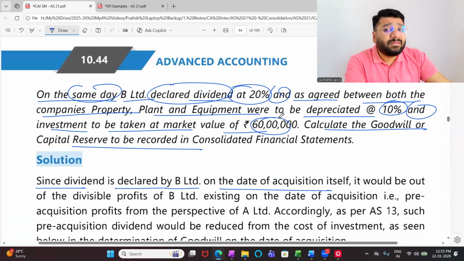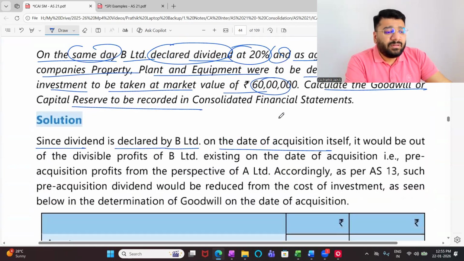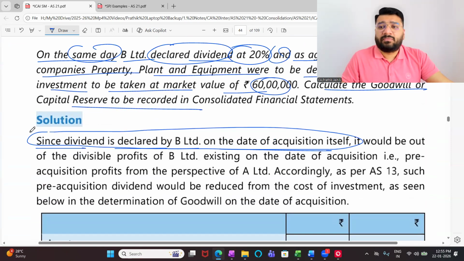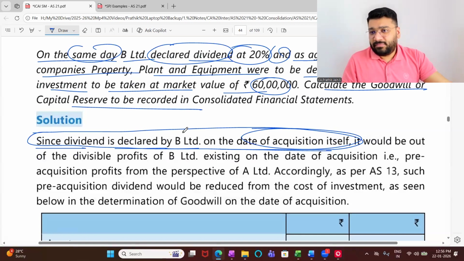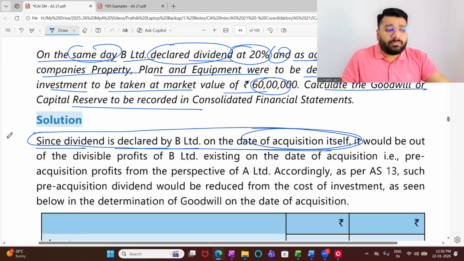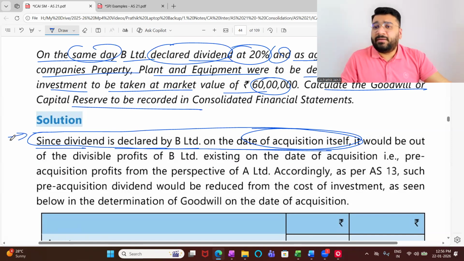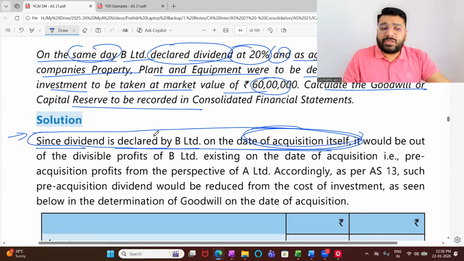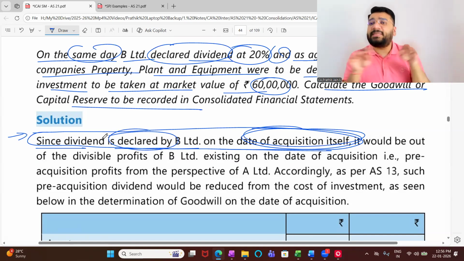See, this is a kind of assumption only, no? I'm assuming, if you use the word assumption, or you declare it, everything's happening on the same date. At the end of the day, you're giving a note to the person who's correcting the paper that this question is solved keeping in mind that the date of acquisition and the dividend declaration is happening on the same date.